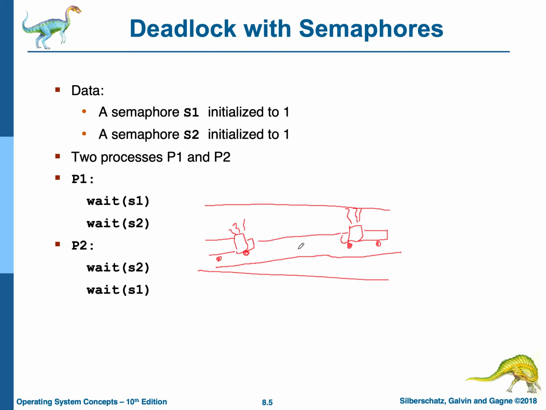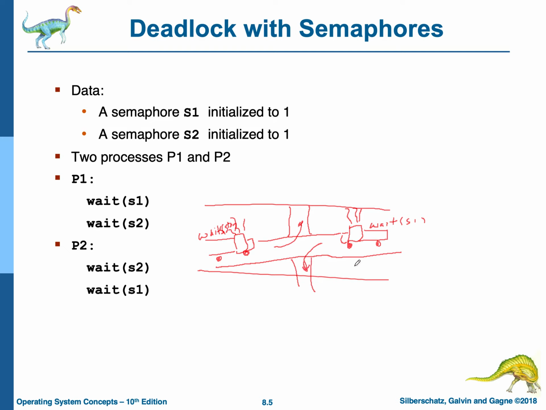At some point there might be a way to go here and go here, but for some reason these two stop here and keep waiting for resources, maybe S1 and S2. They want to move but are waiting.